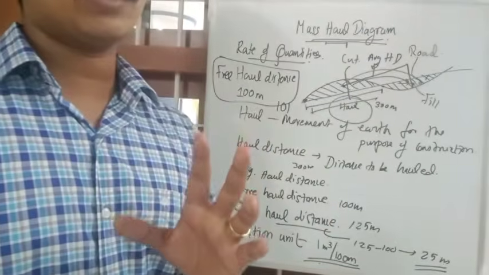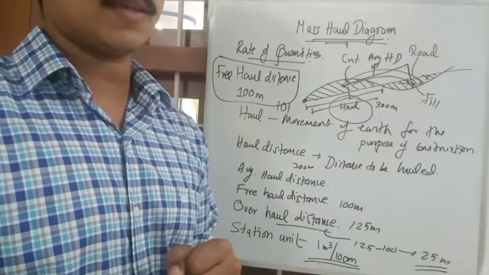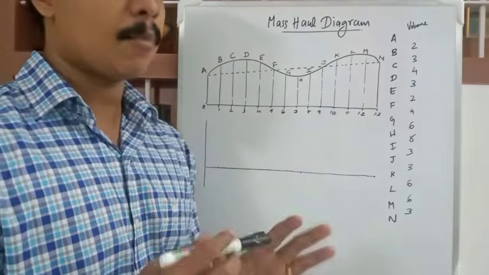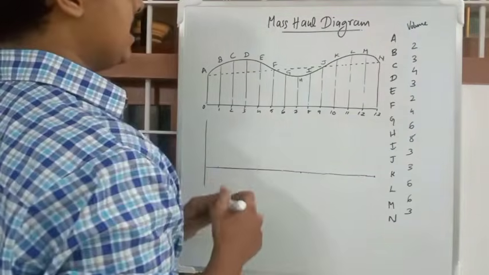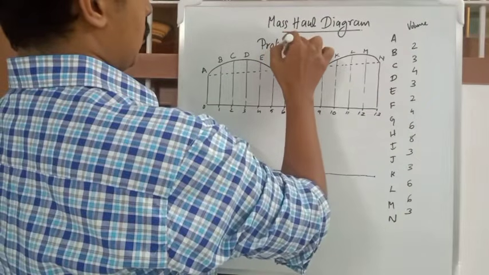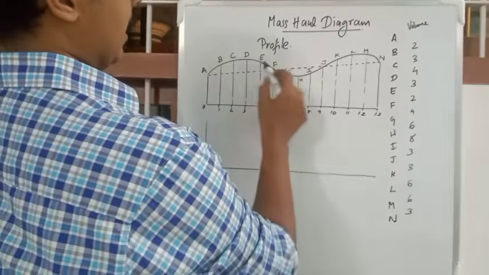Next we will go to the construction of the mass haul diagram. Suppose this is the profile of a hill.